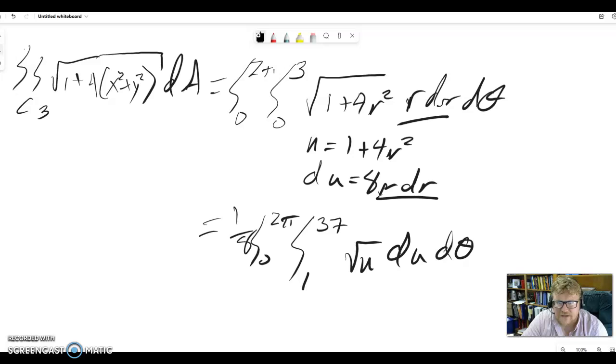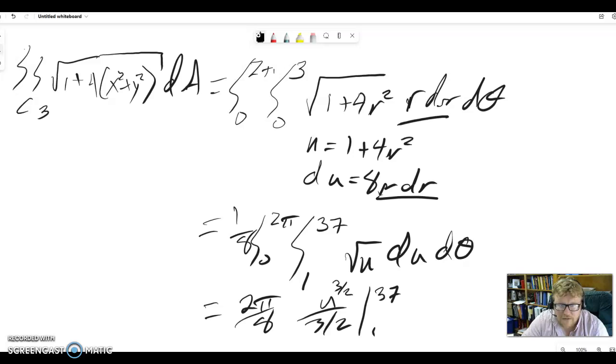Feels like forever since I've done a u substitution. Alright, so let's see, I'm going to do the theta integration, that's 2 pi. I still have the 8. The u is raised to the power, u to the 3 halves, divide by that power, and evaluate at those endpoints.